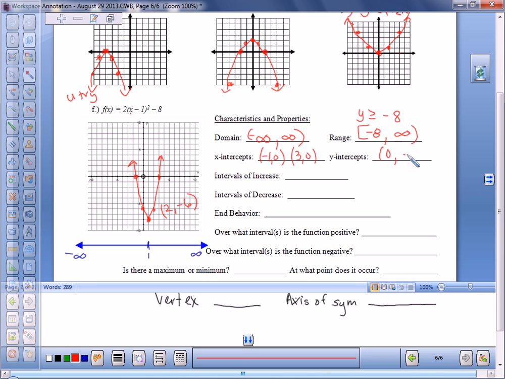Do you guys remember that to find the x-intercepts, we could just plug in 0 for y? Yeah. If we plugged in 0 for y, we get 0 equals 2 times x minus 1 squared minus 8. So I would add 8 to both sides. I would divide by 2.